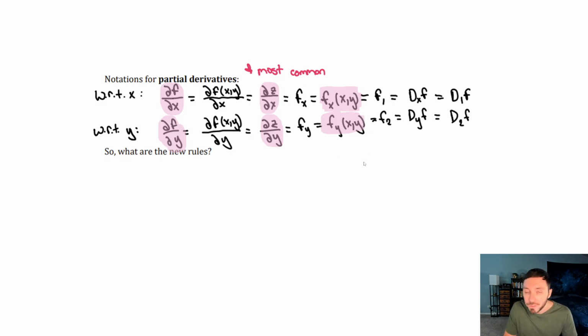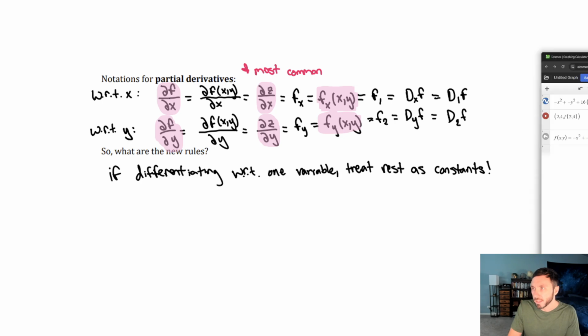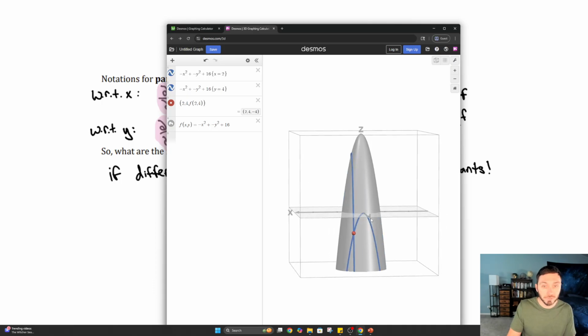So what are the rules here? What do we do with this partial derivative business? If differentiating with respect to one variable, treat the rest as constants. So kind of going back to this idea here, consider how these are two different curves, really, at the end of the day.